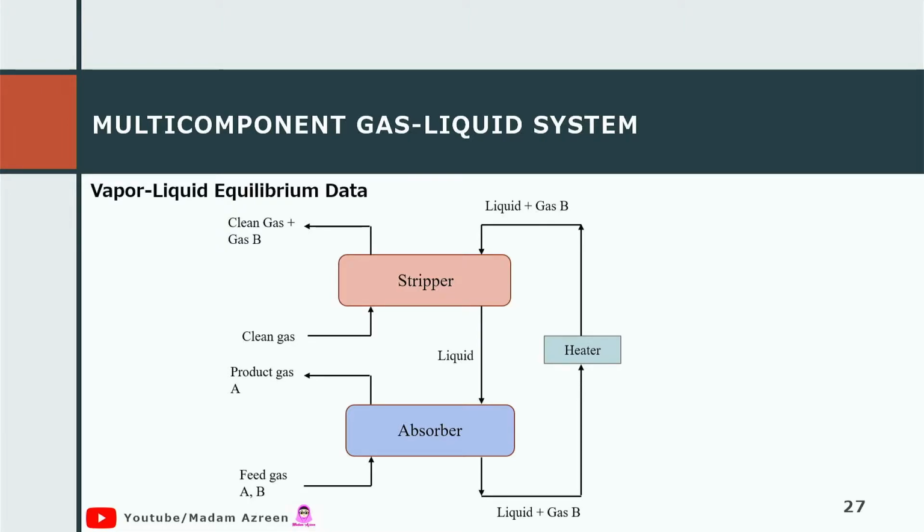Again, when we have a feed gas of A going into the absorber, a liquid will take the gas B, which dissolves in the liquid, leaving only the product gas, gas A. The liquid with gas B goes through a heater to raise the temperature, and then goes into this stripper, where another clean gas takes the gas B and comes out with it.